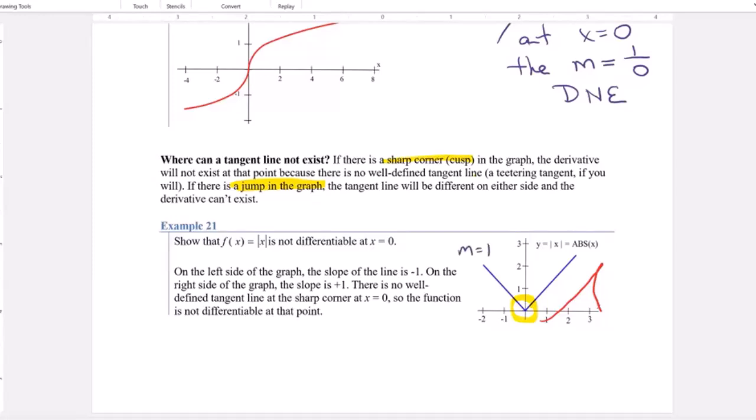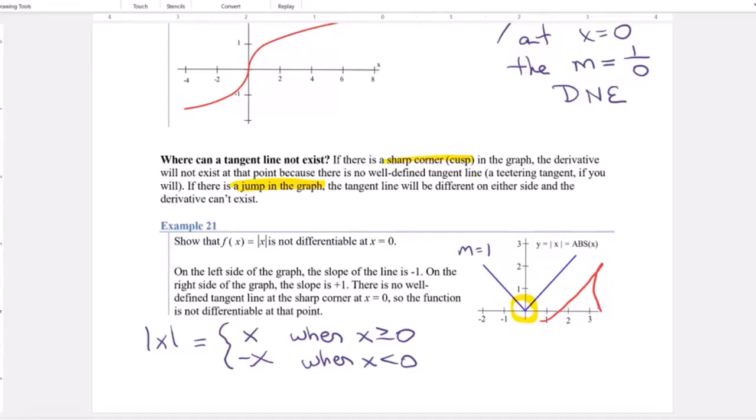We can say the absolute value of x can be divided into a piecewise function. We can say it's x when x is greater than or equal to 0, and negative x when x is less than 0.